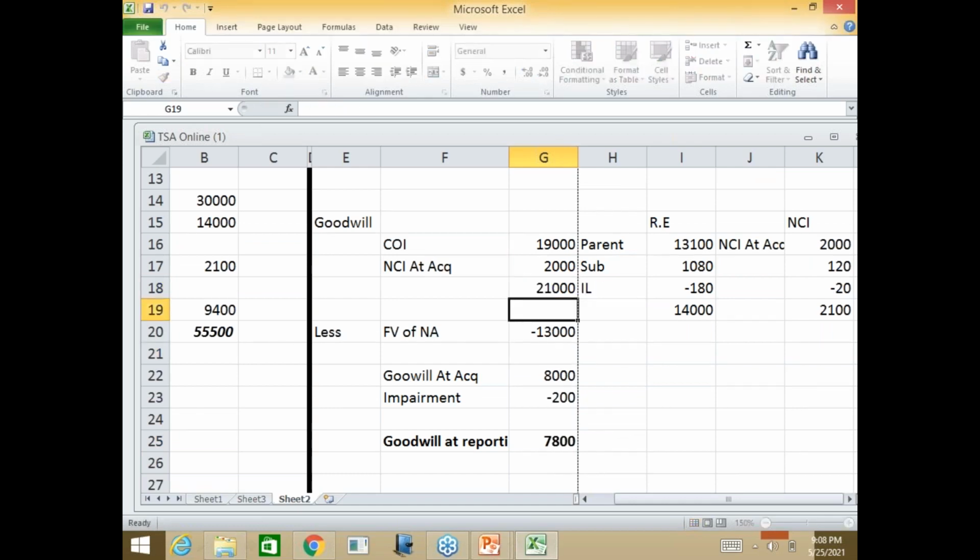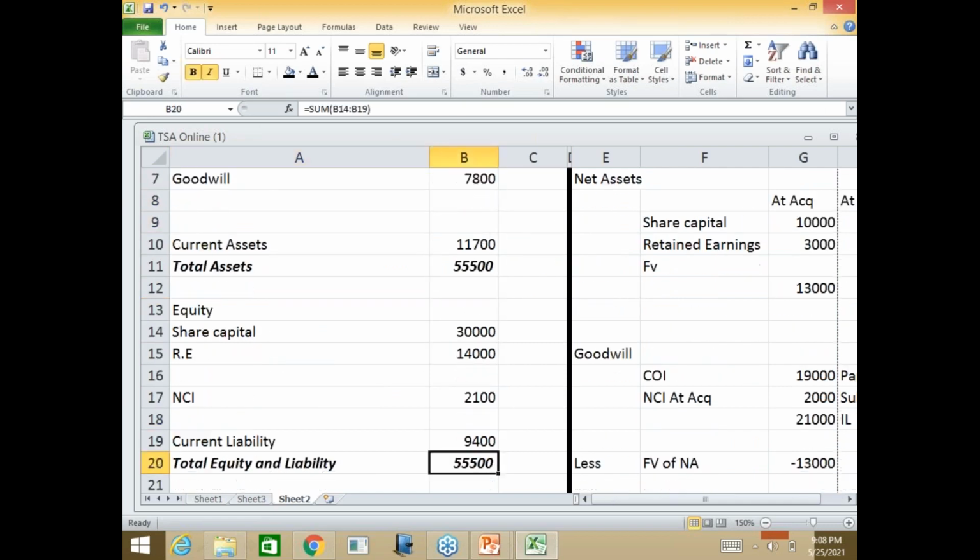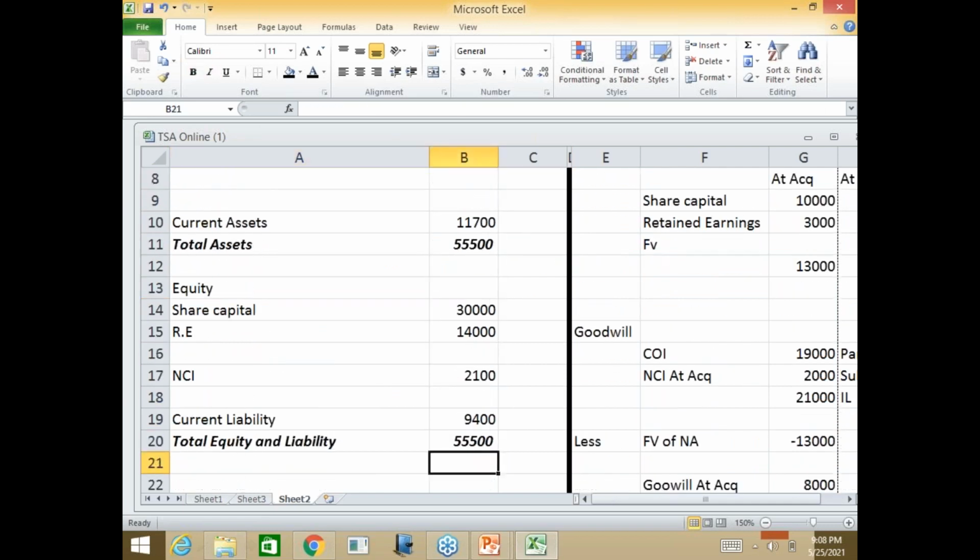So every amount that you show on the face of the balance sheet or income statement should be shown with the reference of the working, either directly in the cell, or you can show the cell reference like we have done in the NCI case. But if you directly punch your answer in numbers without any reference, you will get 0 marks.